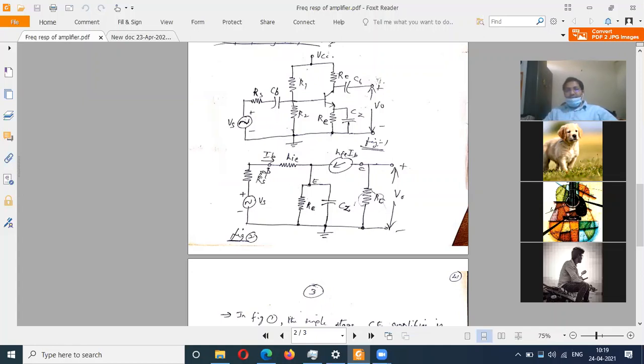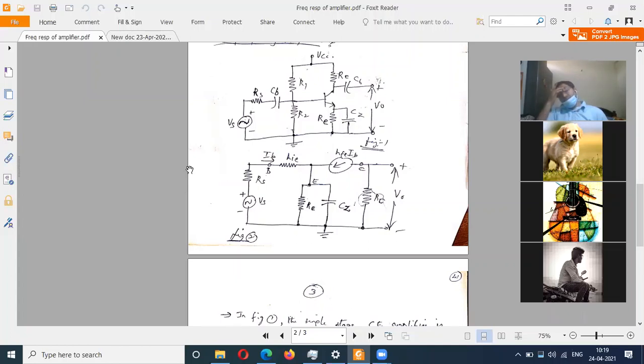So once again, can anybody tell me the entire KVL equation here? Fast, please. Simple KVL equation I am asking.